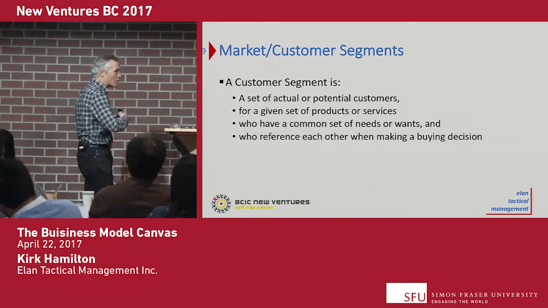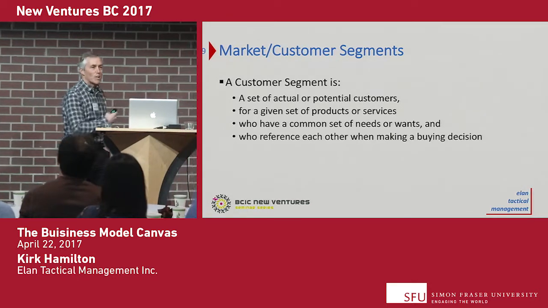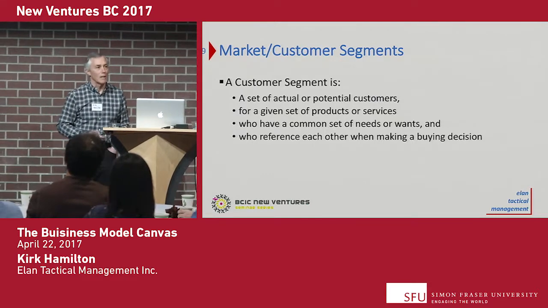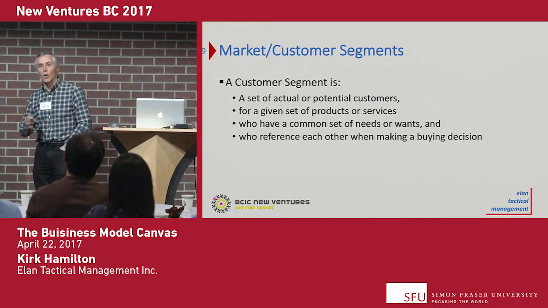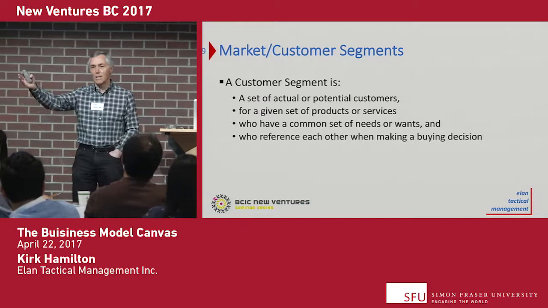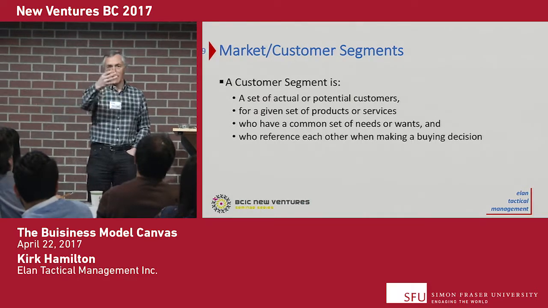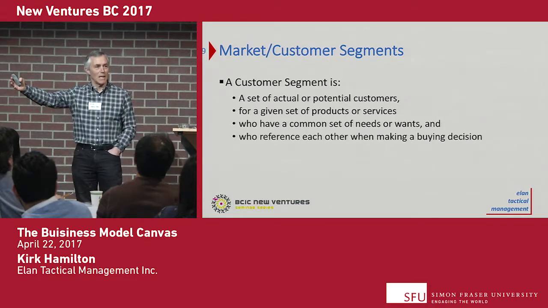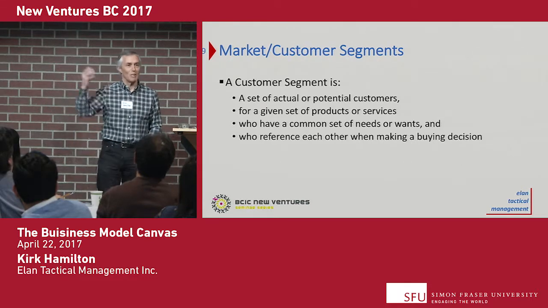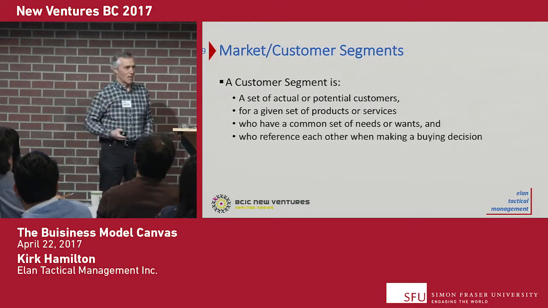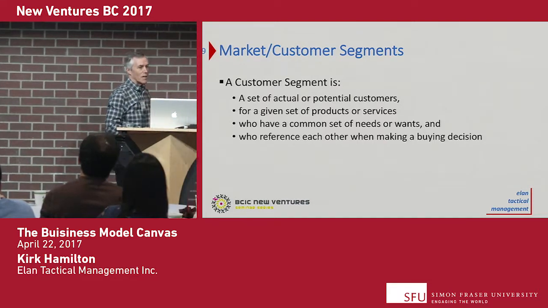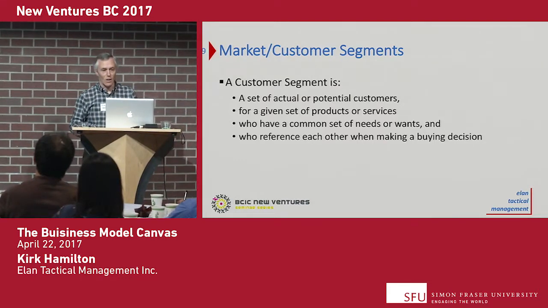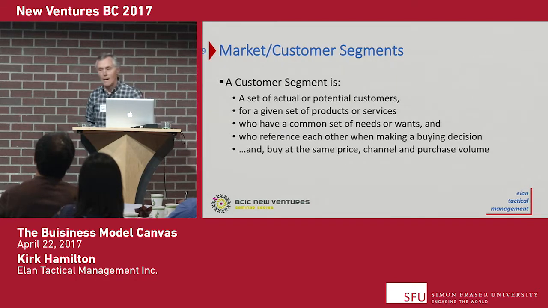Maybe I'm trying to keep up with my next door neighbors because they've bought something. In the enterprise context, it's who is that person competing with? And if I'm making this guy more competitive, then I probably want to make that guy more competitive, or he probably wants me to make him more competitive, right? So it's who are they really looking at as alternates in the marketplace that is going to eat their lunch.